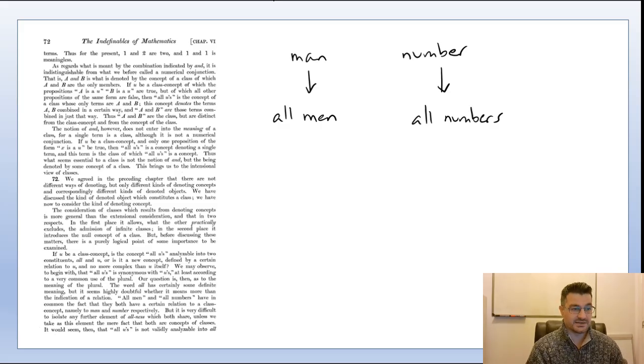It doesn't seem to be particularly important, certainly not at this point. But Russell is putting it down to some particular relation that exists between the class concept and the concept of the class. So it might perhaps be thought that a class ought to be considered not merely as a numerical conjunction of terms, but as a numerical conjunction denoted by the concept of a class.